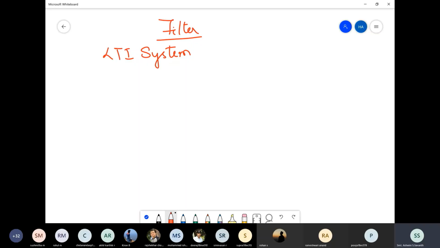So in general, a filter is for filtering unwanted components in a signal. But when we are talking about designing a filter, we are talking about an LTI system. So when I say a filter or the LTI system, it's the same.